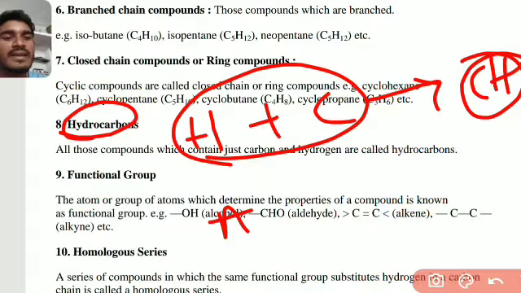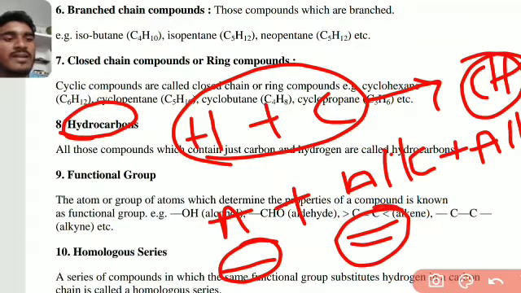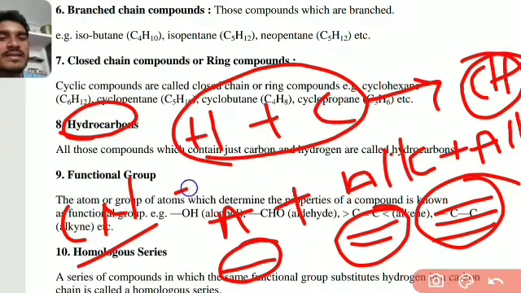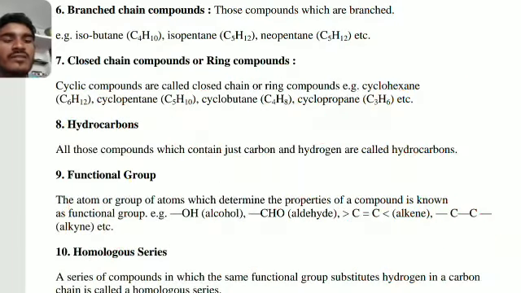Example, alkane, alkene and alkyne. Okay, these are satisfied with a single bond, alkane, double bond, alkene, and triple bond, alkyne. Example, acetylene and paraffin, we call as alkane.